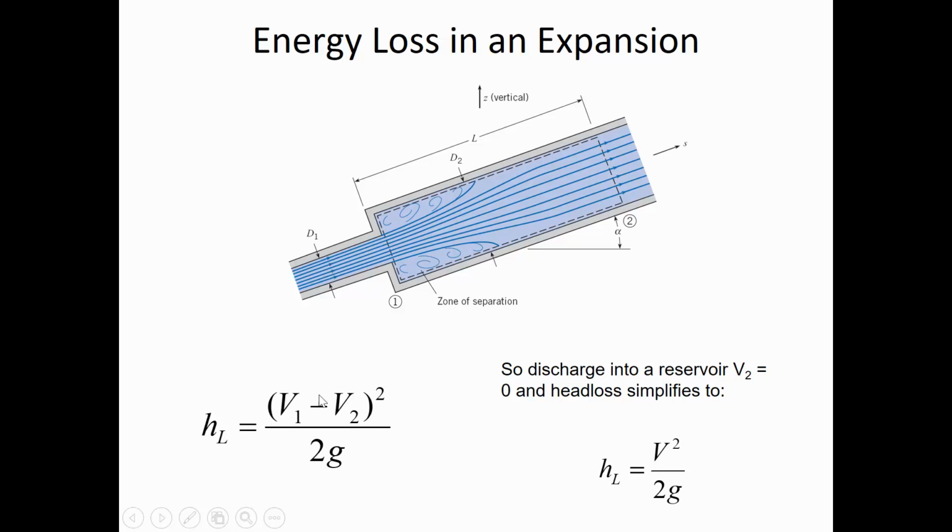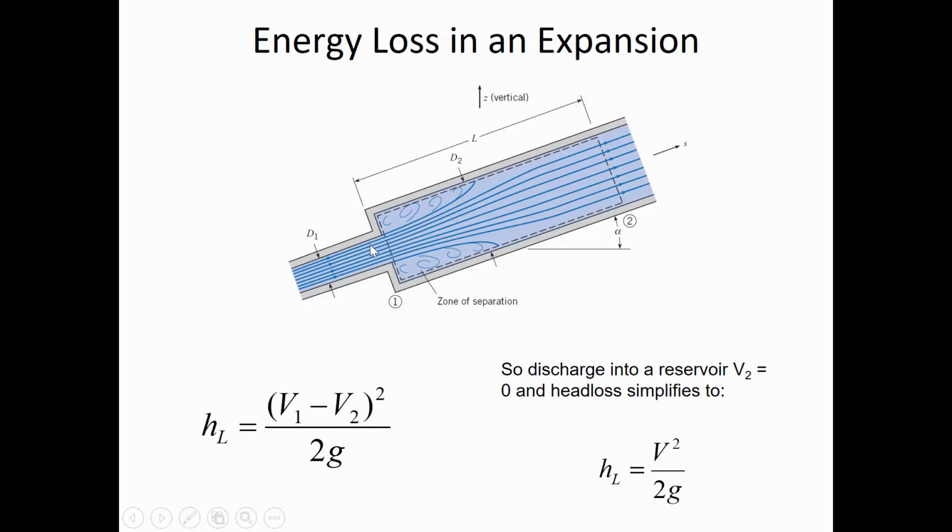This is kind of a quick and dirty approximation for the head loss that occurs when a changing diameter results in a change in velocity. You just say that the changing velocity head is how much energy is lost.